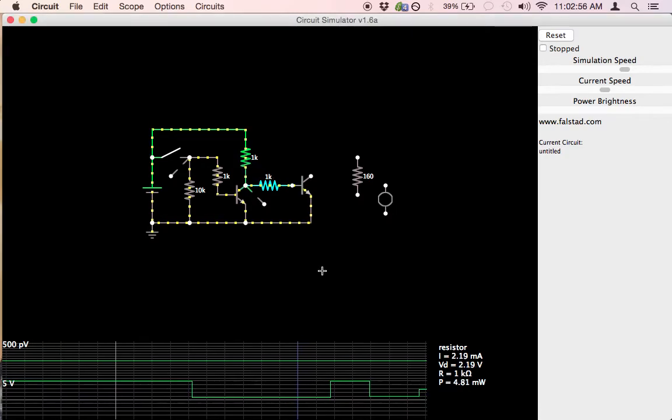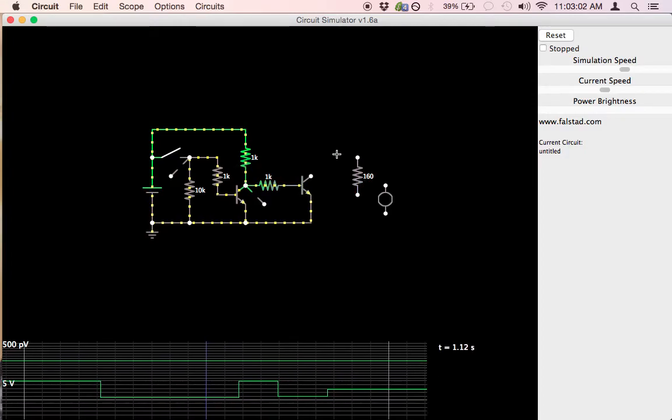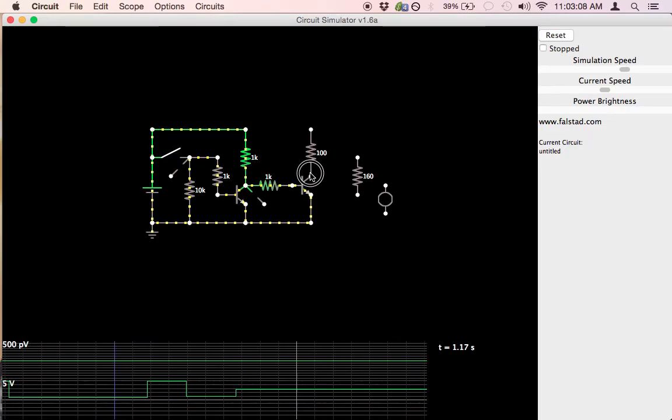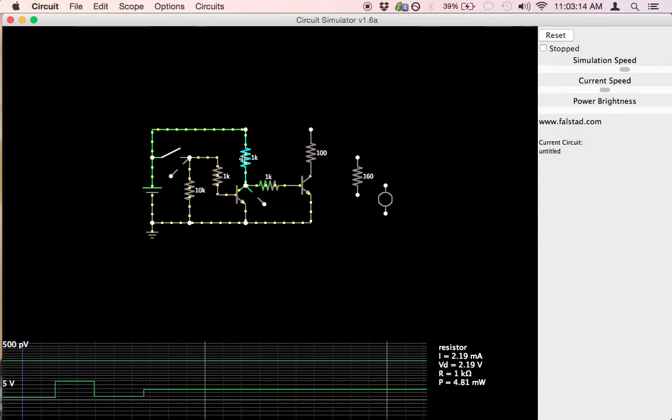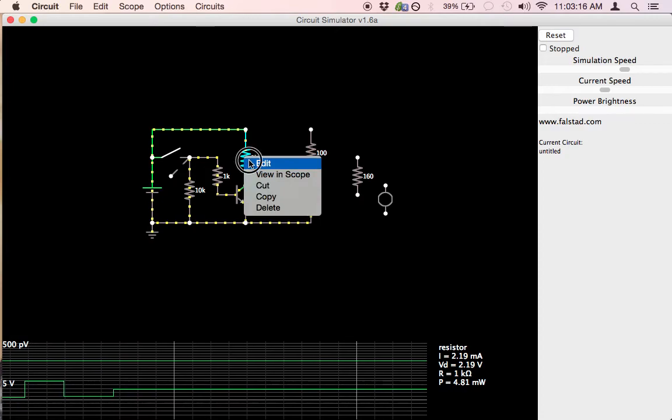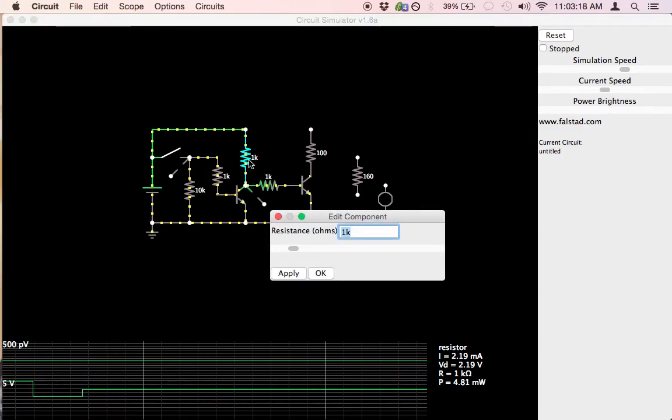Nice thing about using a simulator is you can't really blow anything up. We're going to use a smaller value resistor here.